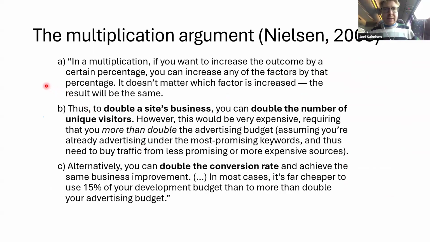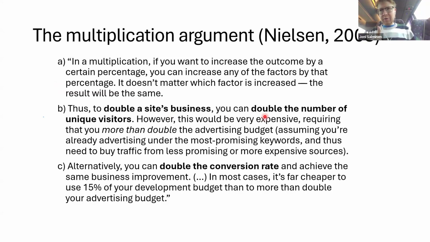And then we have this idea of multiplication, which is, I think, a good way of understanding the benefits of conversion rate optimization, or basically the relationship between conversion rate and the visitors, right? So it's an interesting thought that to double the revenue, you could double the number of unique visitors.